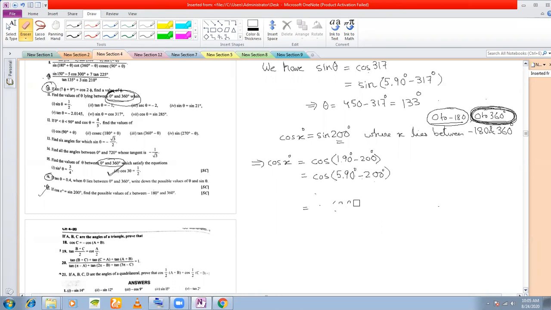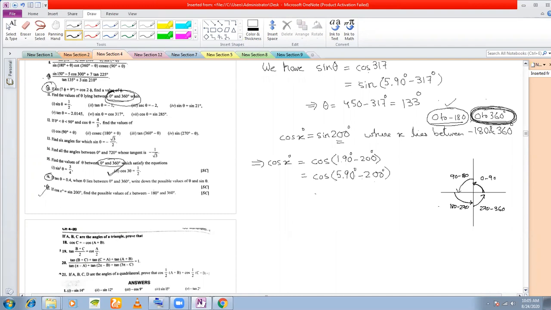Okay. Now I have found one angle which is between 0 and minus 180 degree. Now see, if I have this quadrant, and if I say that the anti-clockwise rotation is positive, this is 0 to 90, 90 to 180, 180 to 270, and this is 270 to 360.